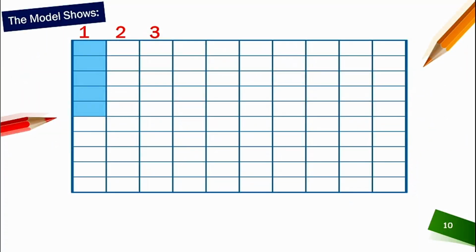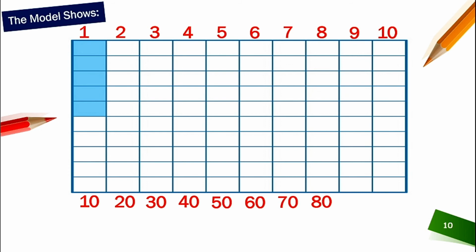1, 2, 3, 4, 5, 6, 7, 8, 9, 10 columns, and we have 10, 20, 30, 40, 50, 60, 70, 80, 90, 100 small boxes. Together, let's count how many small boxes were shaded. We have 1, 2, 3, 4, 5. 5 small boxes were shaded. In fraction, it is 5 over 100.